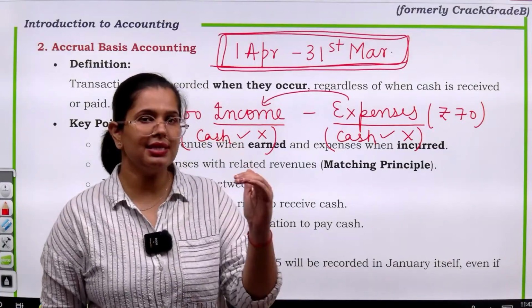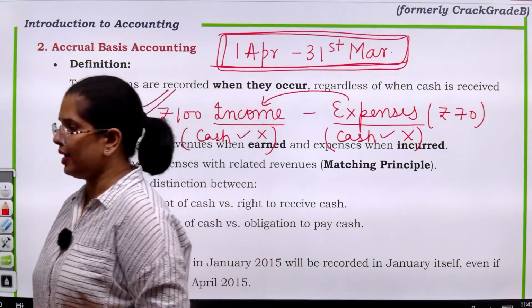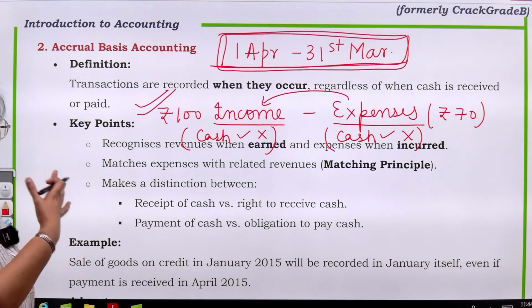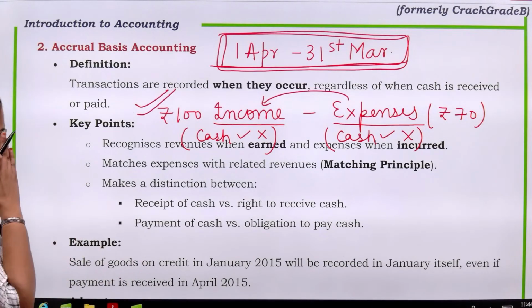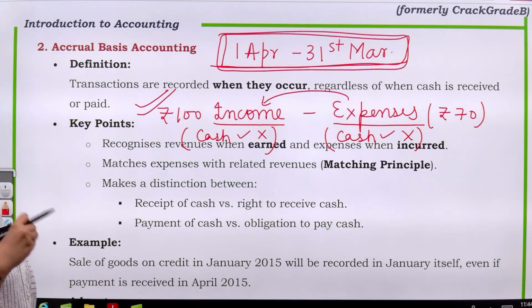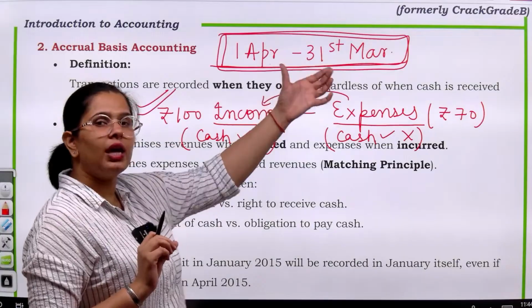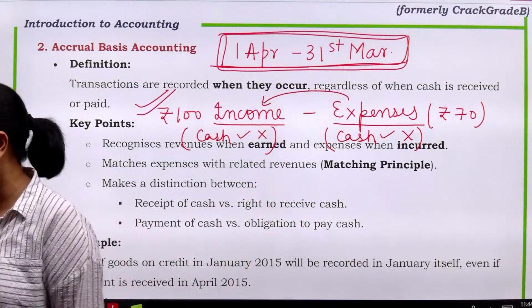Because that is the expense which belongs to current year. ये वो खर्चा है जो हमारे करंट ईयर को बिलोंग करता है. And this is something we call as the accrual basis accounting. इसको हम क्या कहते हैं? Accrual basis accounting. Doesn't matter whether you have received the cash or not, if the income or expense belongs to the current financial year, please record it.